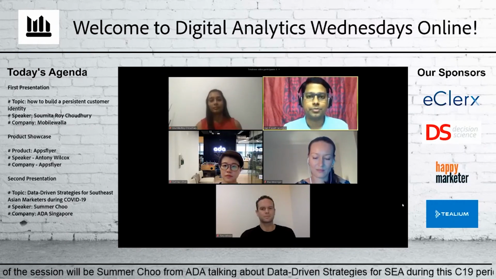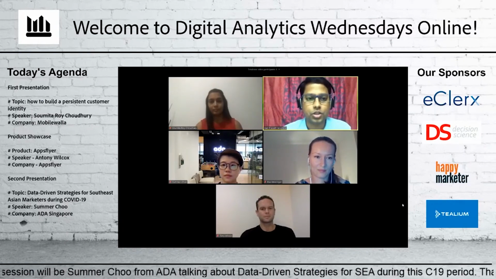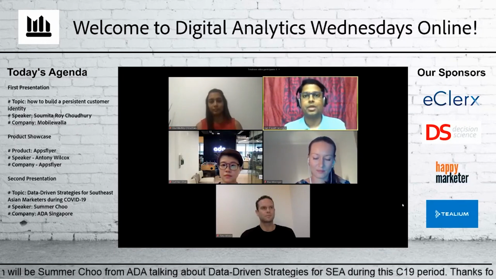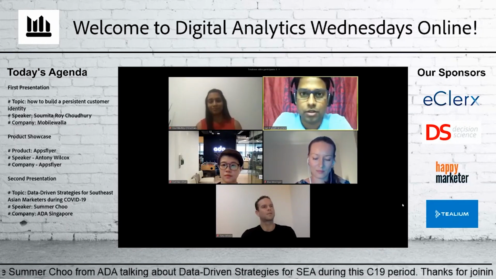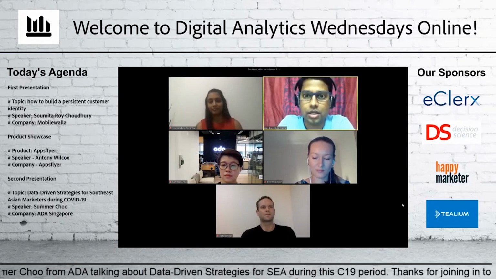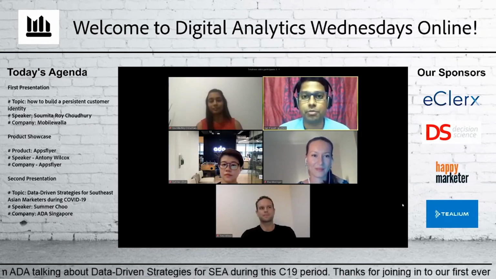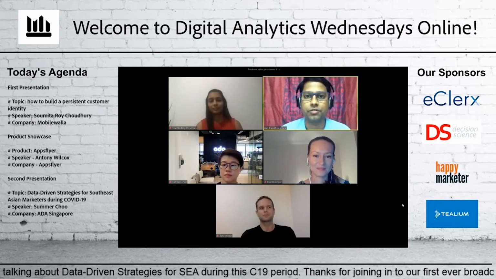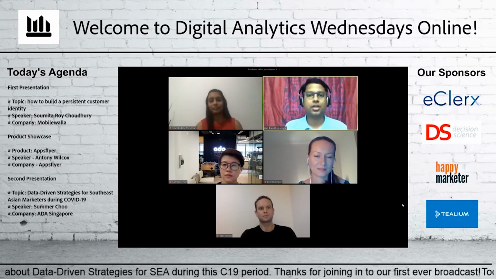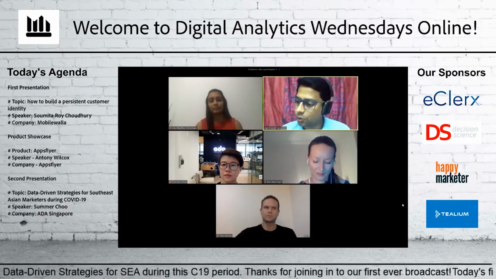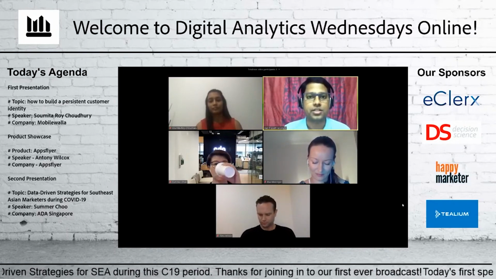To kick off, I would like to introduce Soumita Roy from Mobilewalla. Mobilewalla is a company that got founded in 2011. Right? They started off as a mobile search engine company, but then evolved into different perspectives and pivoted into different services. And now they are into ad tech and also consumer intelligence.